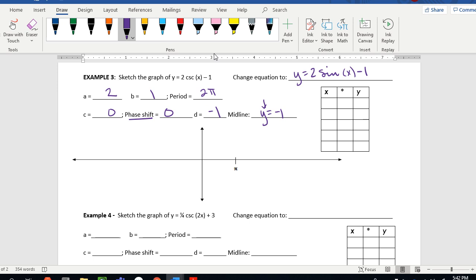So I'm looking at where I want to put -1. If I have to have an amplitude of 2, 1, 2, this is going to be the top of my amplitude. So I'm going to have an amplitude line right there. And so 1, 2, amplitude line right here.